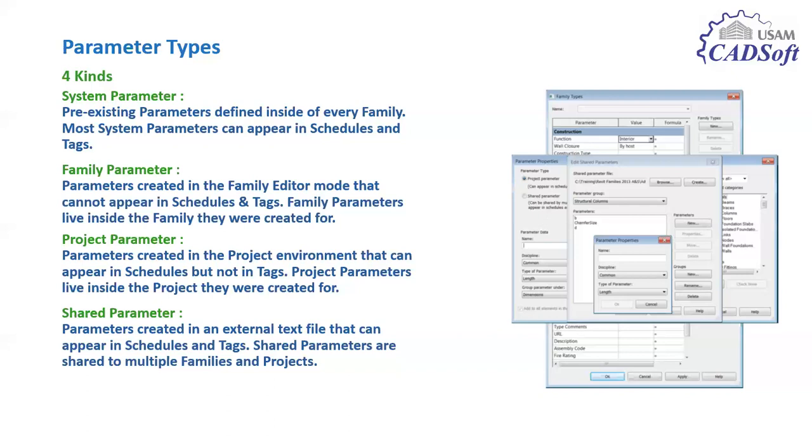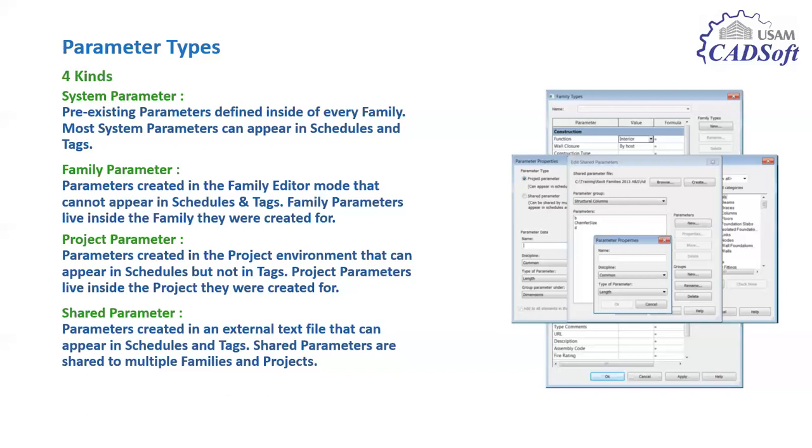As we know, family parameters cannot appear in the schedules and tags. They are inside this family, but they will not be seen in the schedules and tags. Then we have the project parameter, which can appear in schedules but not in tags. It is inside the project, and they are fixed to that particular project.